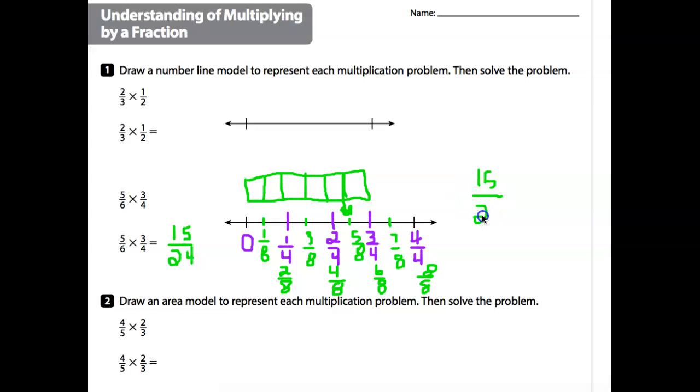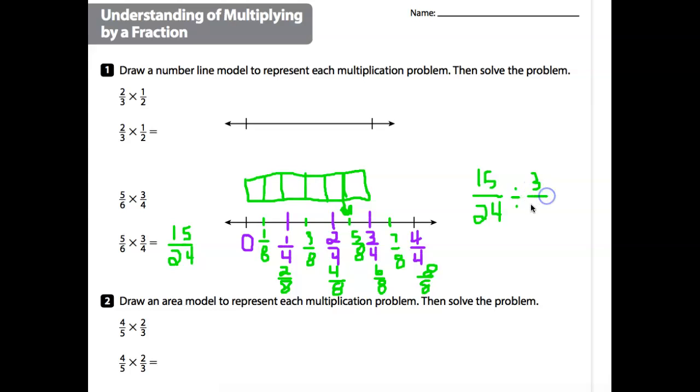Okay, so let's come over here. I'm just putting it over here because there's no room here to do it. 15/24ths. Now, we have to find a number that'll go into both 15 and 24. Look at your chart and see if you can see what number will go into both 15 and 24. I hope you found 3 will.